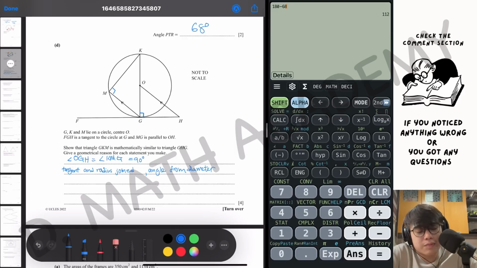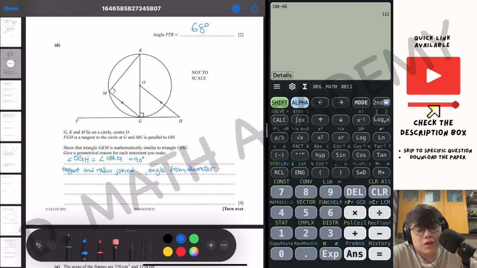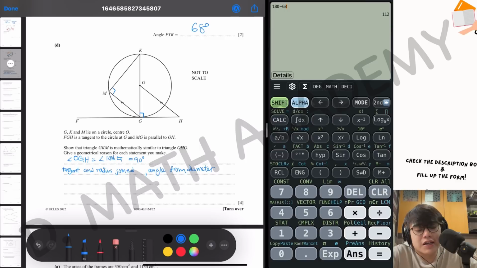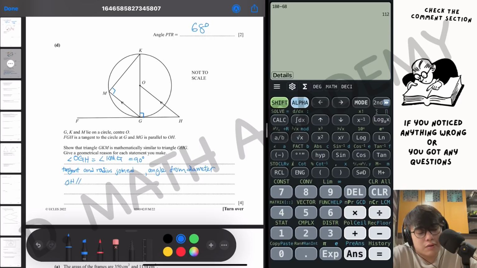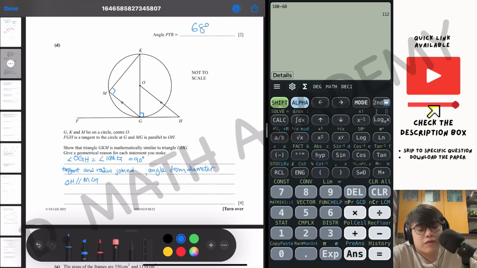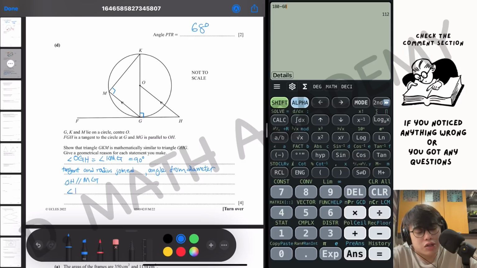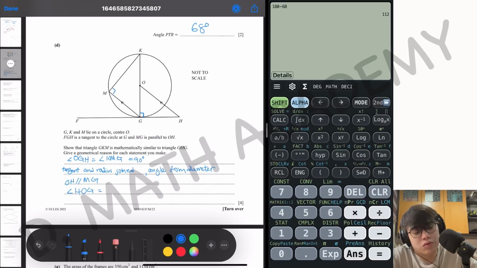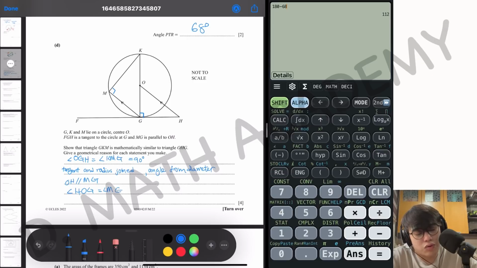Then the other thing you have to point out was that they are parallel. So you can talk about OH being parallel to MG. And then one final result. What else can you talk about? I will say that our angle HOG equals angle MGO.